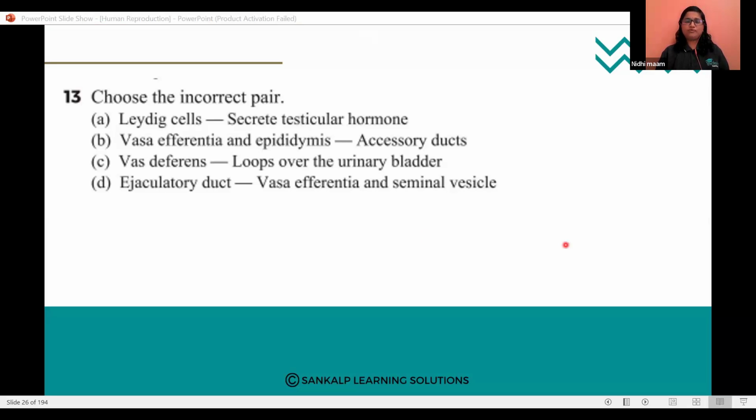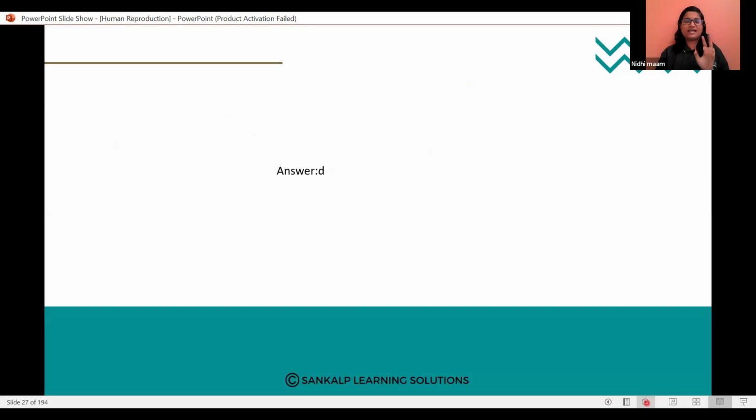So most of you answered it as option A. Few of you answered it as option D. Suraya, Hema Patil, Pavitra also answered the question. So let us check the answer here. Option D. Ejaculatory duct is a totally different thing. It is not included in vasa efferentia and seminal vesicle. So option D is the right answer.